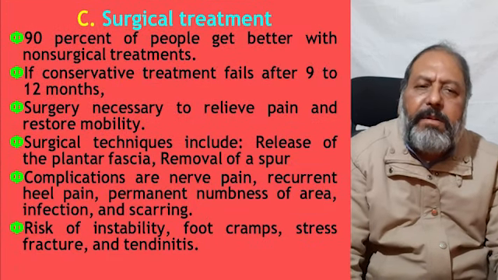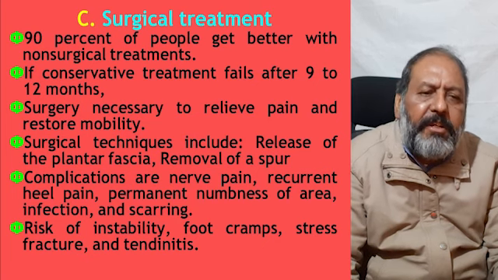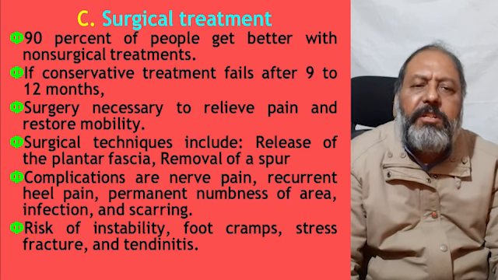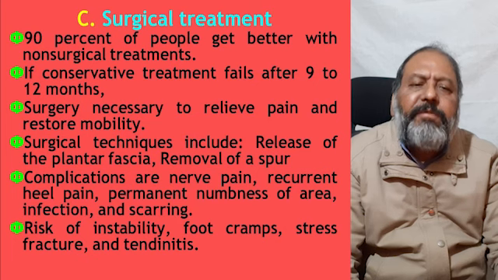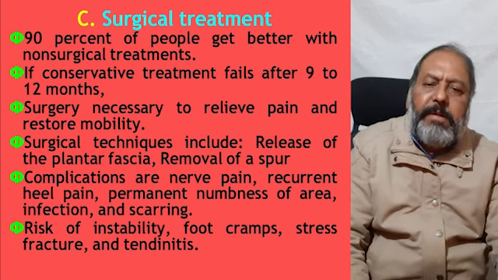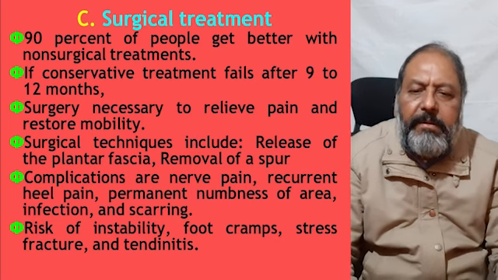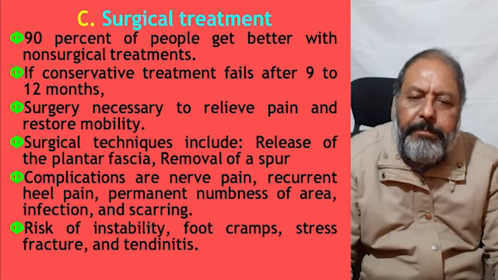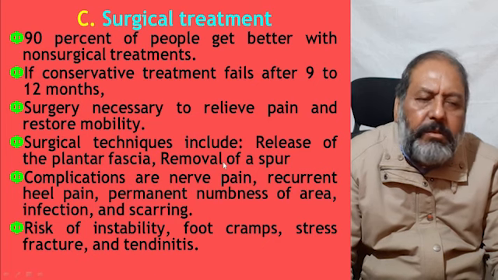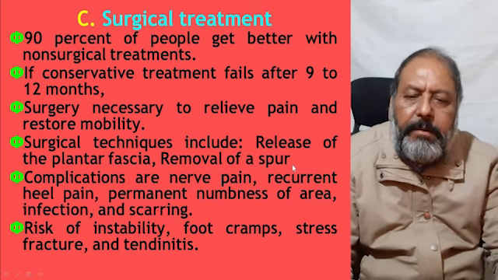Now, the third part of the treatment is surgical treatment. 90% of patients get better with non-surgical treatments. If conservative treatment fails after 9 to 12 months, then surgery is necessary to relieve pain and restore mobility. Surgical techniques include release of the plantar fascia and removal of a spur.